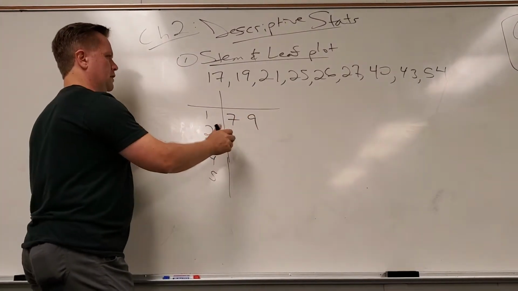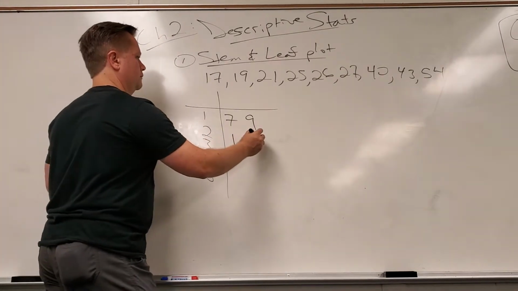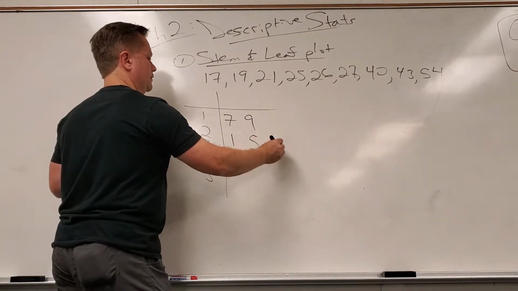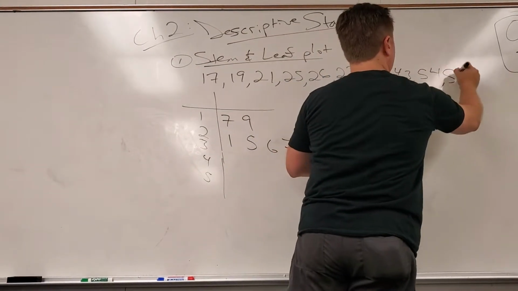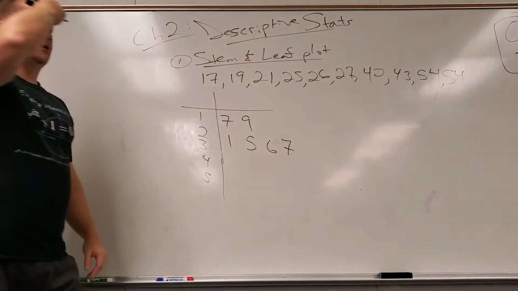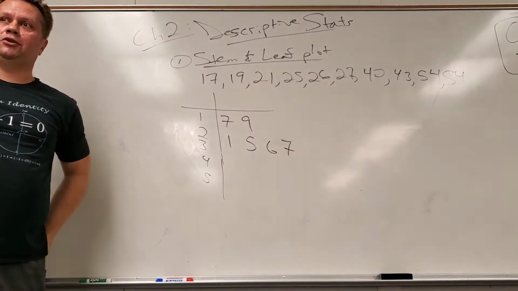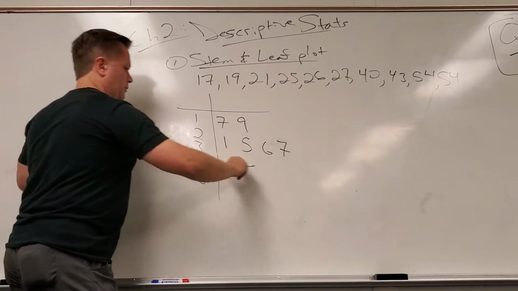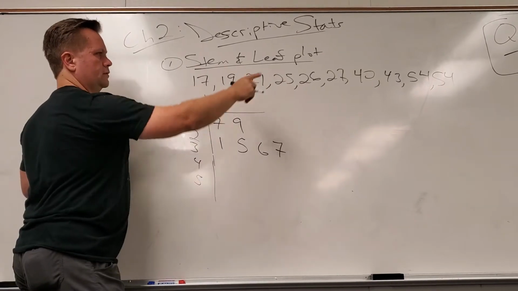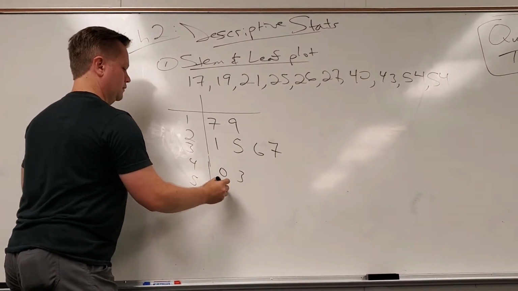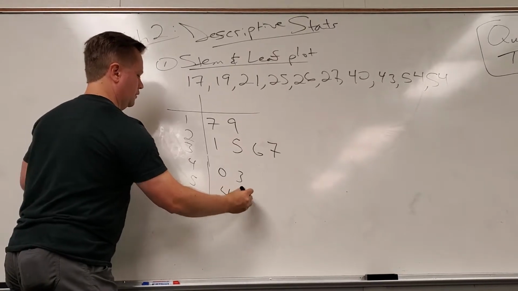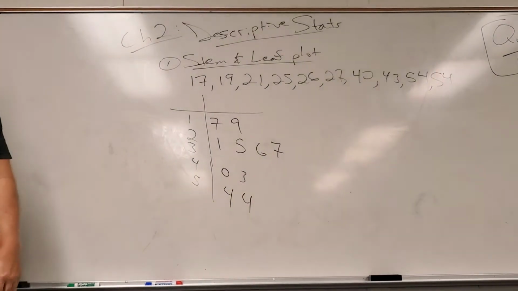What comes out of the 2 stem? 1, 5, 6, 7. I didn't put any repeats in here. Let me add another 54. So I have to have at least one repeat so you can see what to do. 30 is going to be empty. What about the 40s? 0, 3, and then the 50s? 4. Good. So you have to represent all your data.